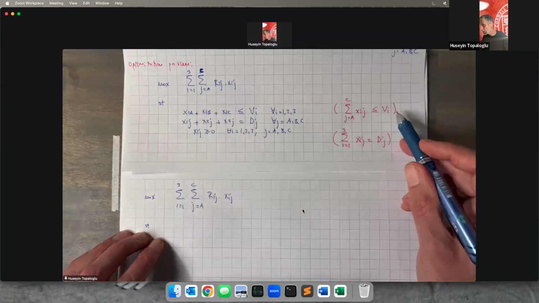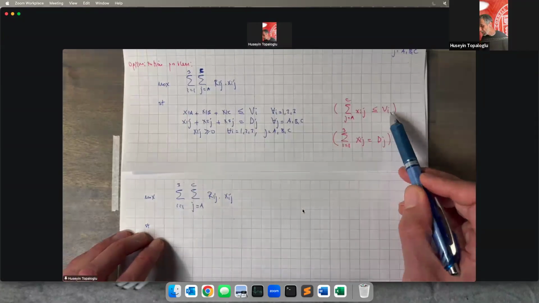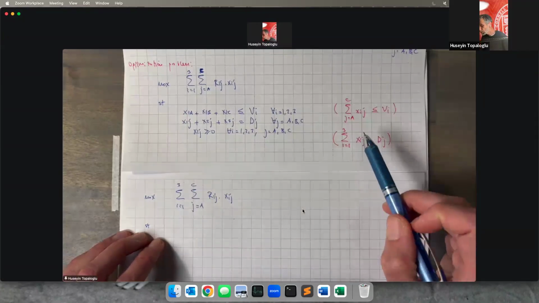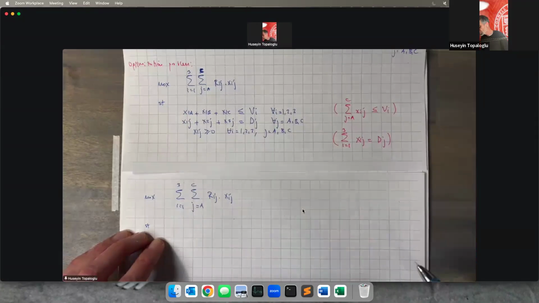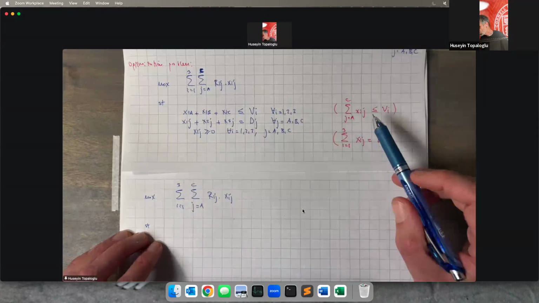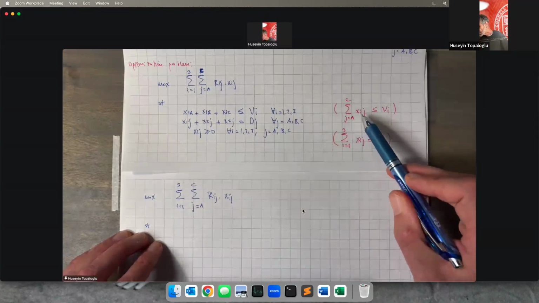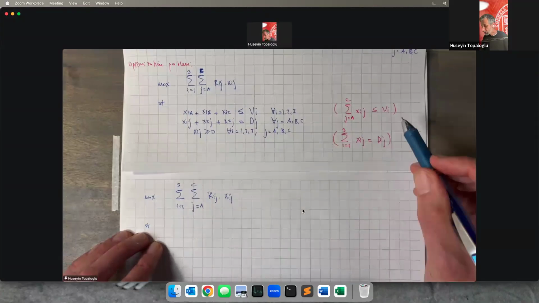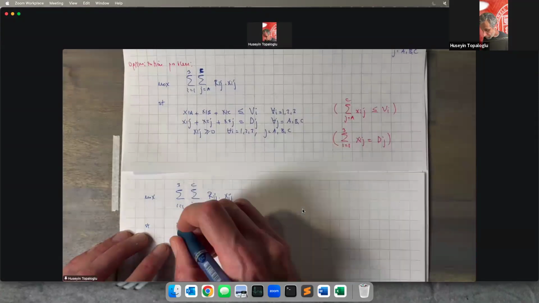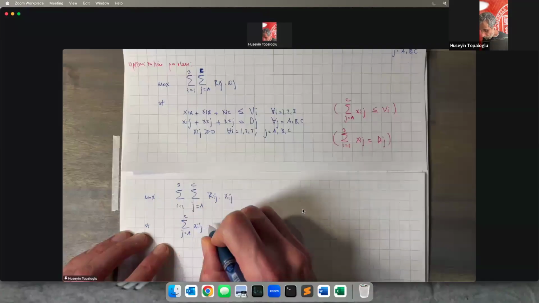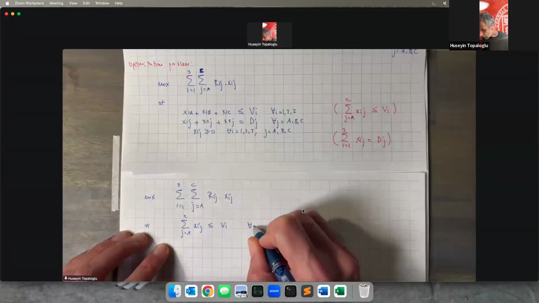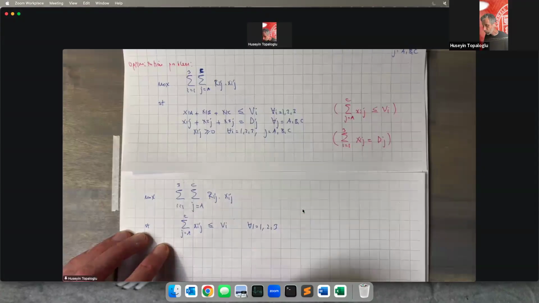And the first constraint is saying, for each visitor type I, the total number of ads that a viewer of type I sees over all the advertisers should be no larger than the viewers of type I. And we have this constraint for every I, 1, 2, 3.